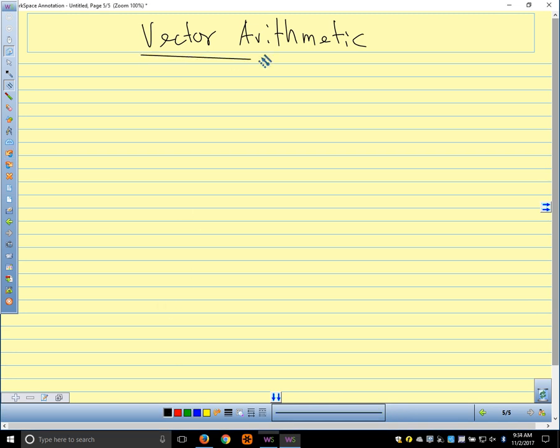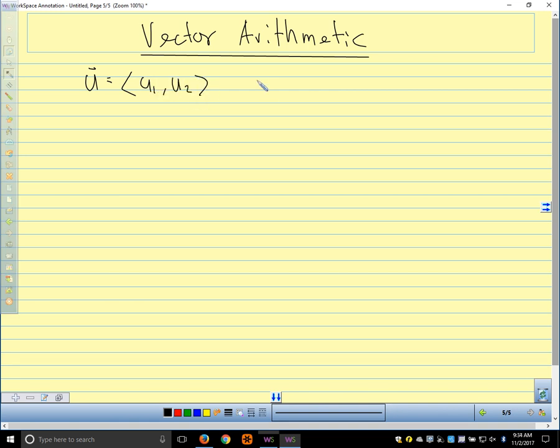For this part, we're going to say that u is our vector u1 comma u2, and v is the vector v1, v2, and k is a real number, just a real number.